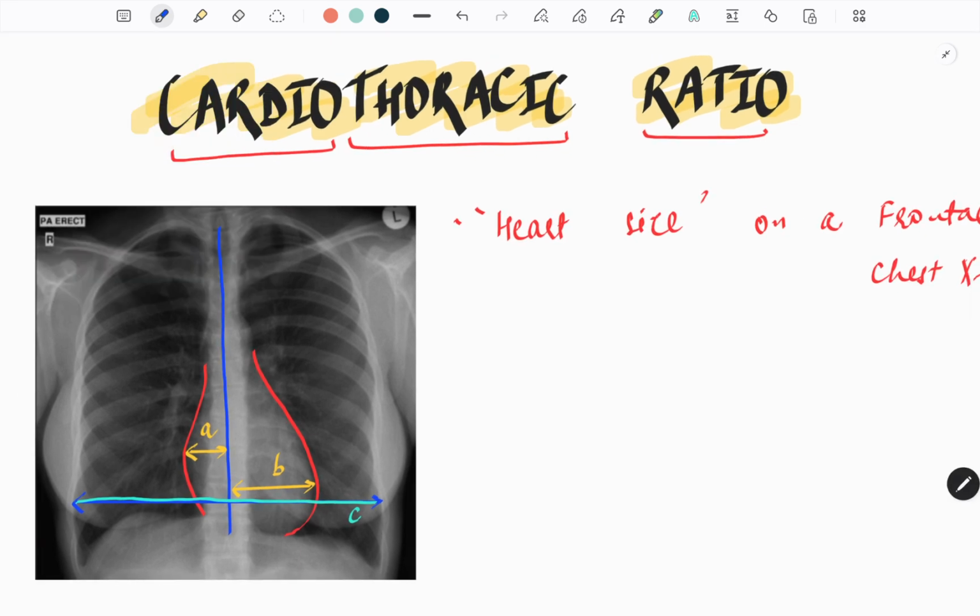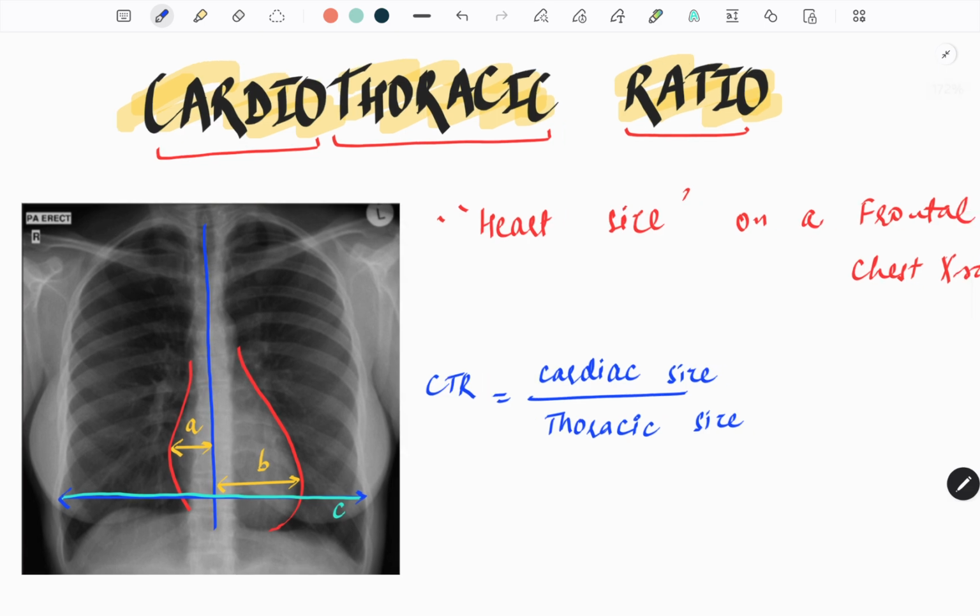In the numerator, we will have the cardiac size, and in the denominator, we have the thoracic size. This would be the cardiothoracic ratio.